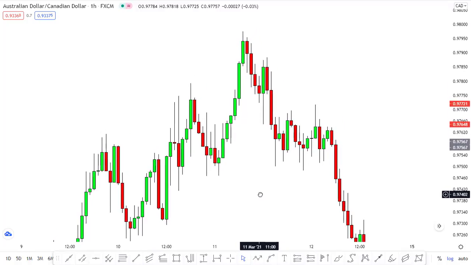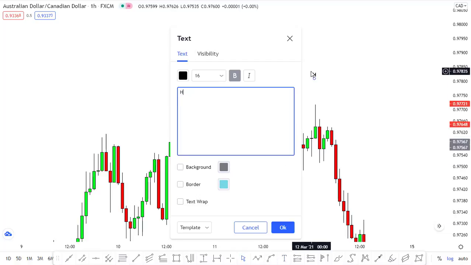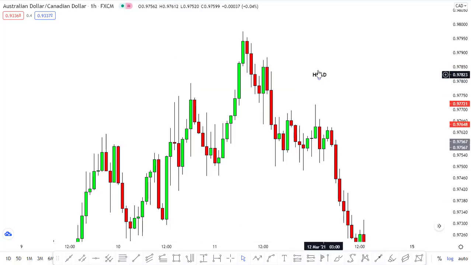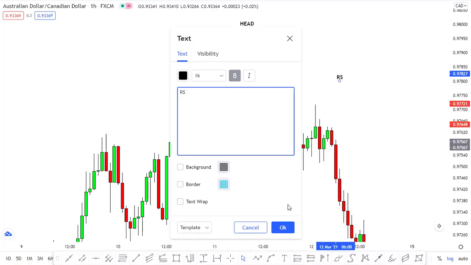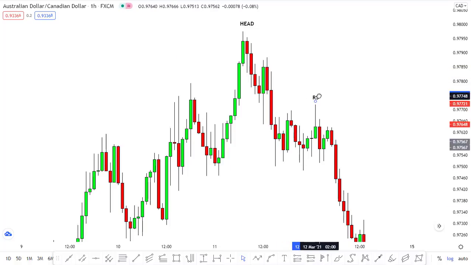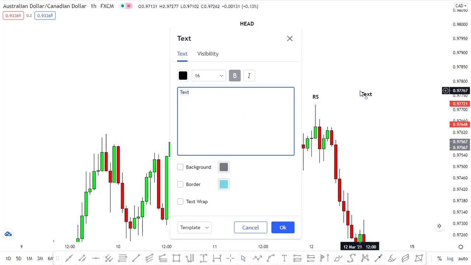What can you see right here? You have 1, 2, 3, 4, 5 seconds to answer, and let me tell you, the answer is a head and shoulders. This is the head, this is the right shoulder right here, and this is the left shoulder.